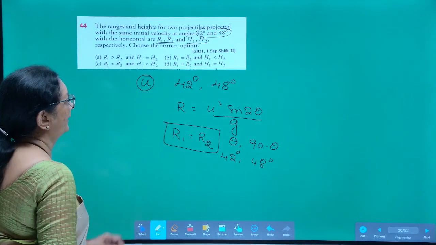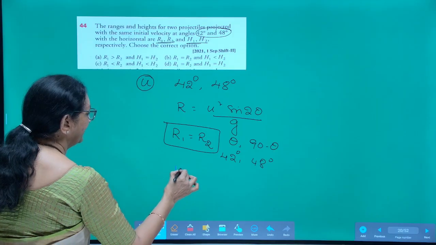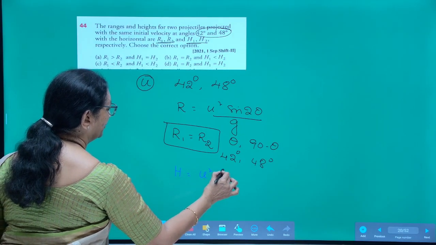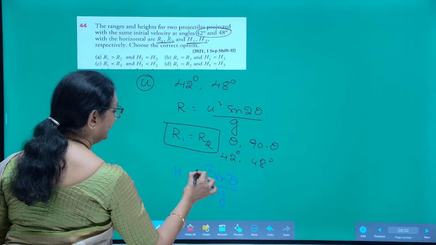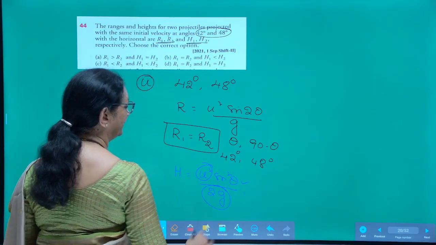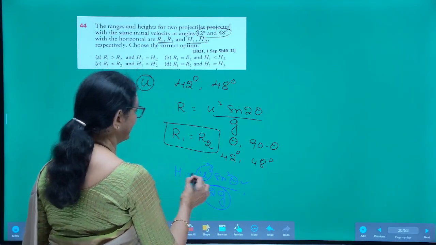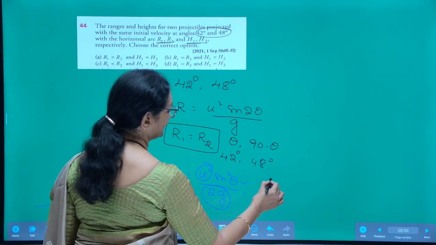Coming to the heights, what is the formula for the maximum height reached by a projectile? u square sin square theta by 2g. If u is constant, H is proportional to sin square theta. As theta increases, sin theta increases and H also increases.